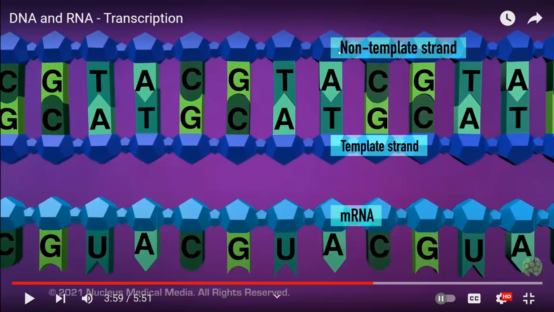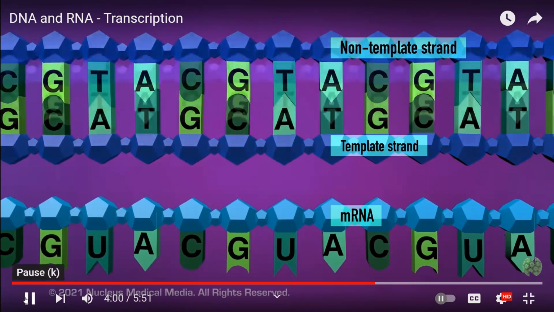But if you notice, this non-template strand corresponds to the sequence on the mRNA, with the exception that every time you see a T, you have to think of it as a U, because on mRNA there are no T's, it's U. So this non-template strand is also called the coding strand, because you can read the code on the mRNA from that strand.